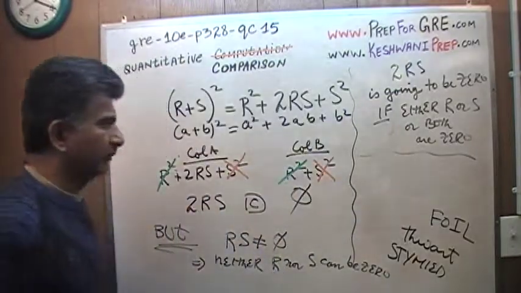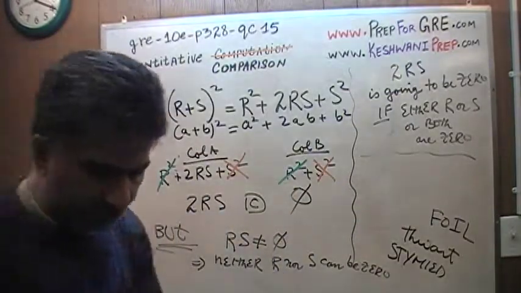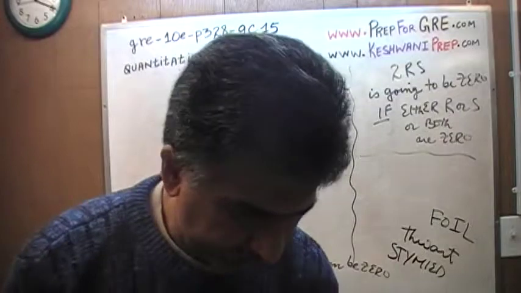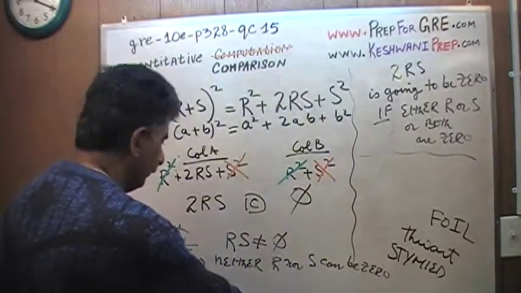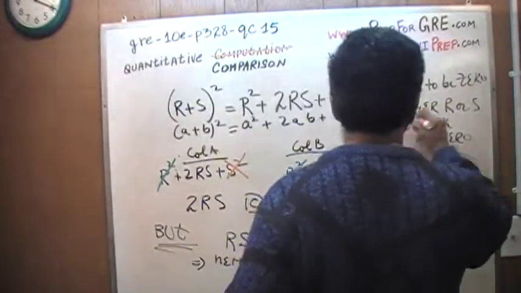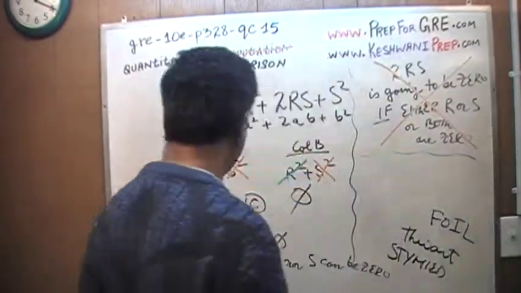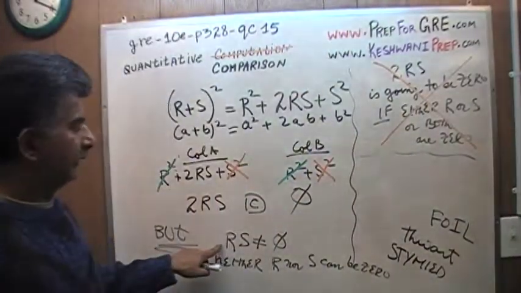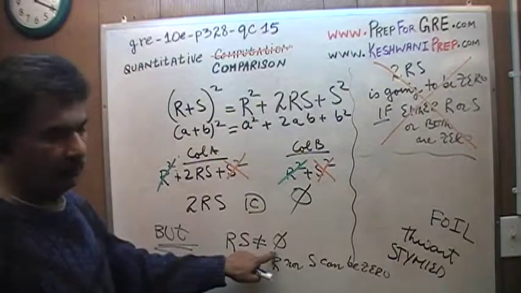It rules out all of this possibility. This is not possible because we are told that R times S does not equal 0.